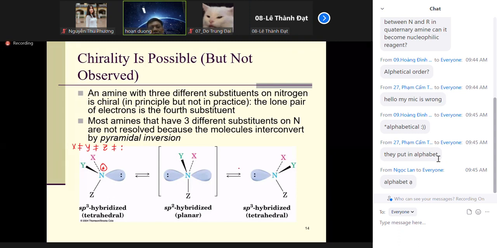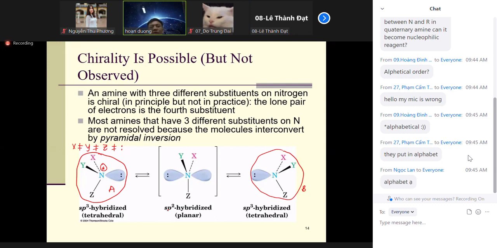But if you have two compounds like this, and here we say it's B, okay? Here say B, here say A, okay? Now you have A and B, but you never get A and B separately. That is why substituents on nitrogen don't give you any chirality in this kind of compound.